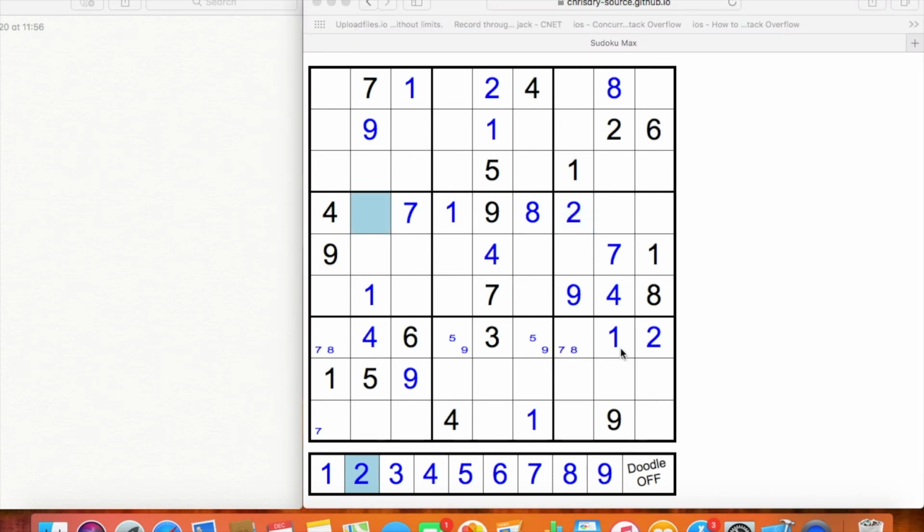The top middle squares have now almost been filled. We have 1, 2, 3, 4, 7, 8, 9. So 5 must go here, 6 must go there, 3 fills that block, and 6 will fill that line.